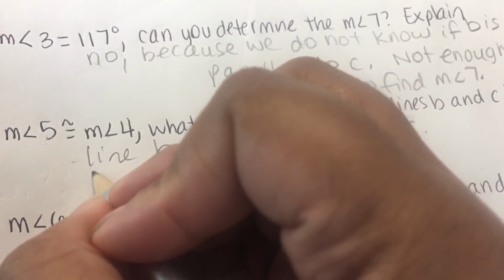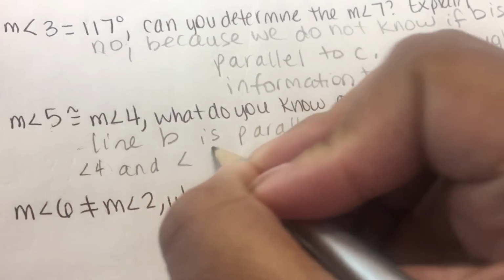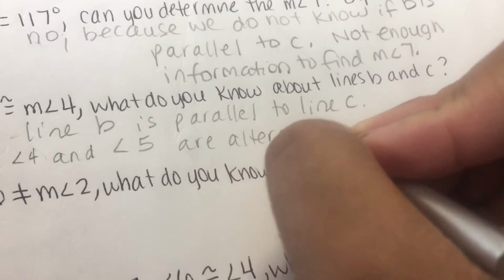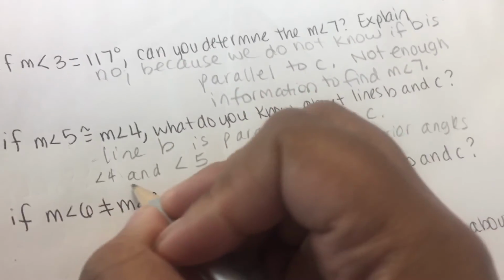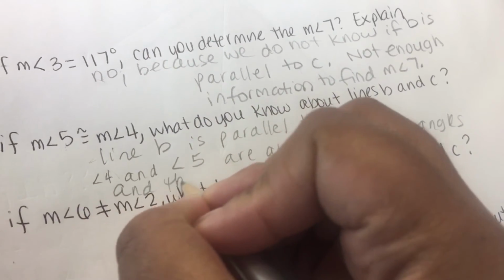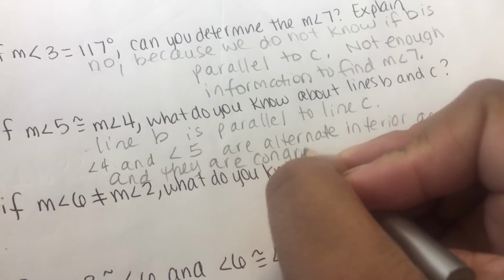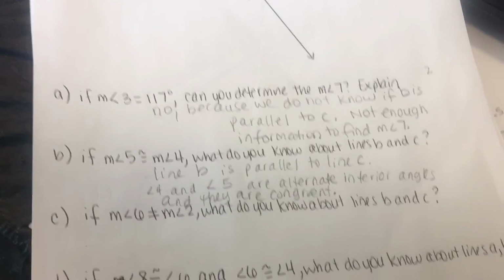Then you have to say angle 4 and angle 5 are alternate interior angles, and they are congruent. That's your second point. I'm basically answering these questions how you should have answered on the test. I just changed the numbers.